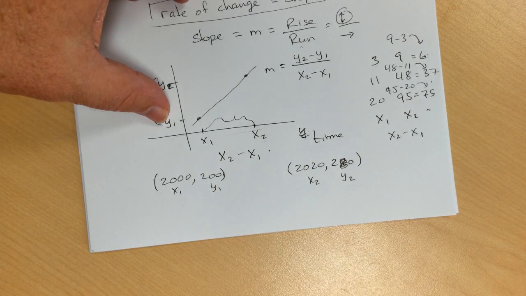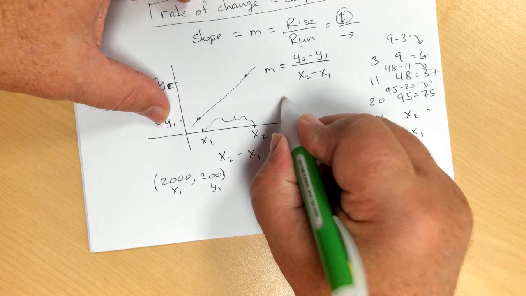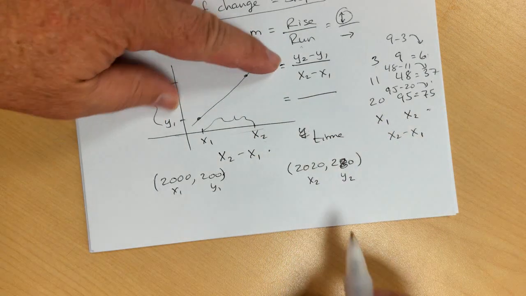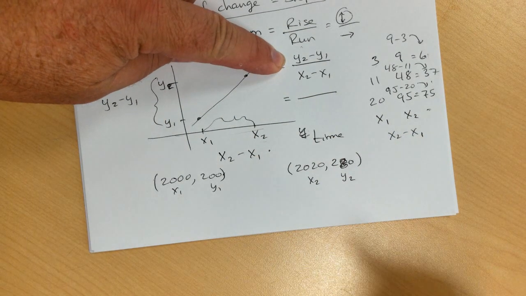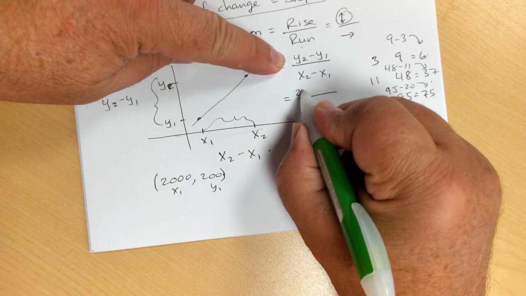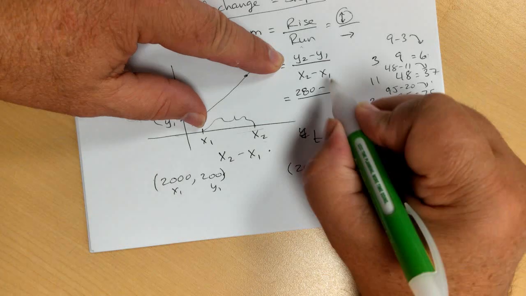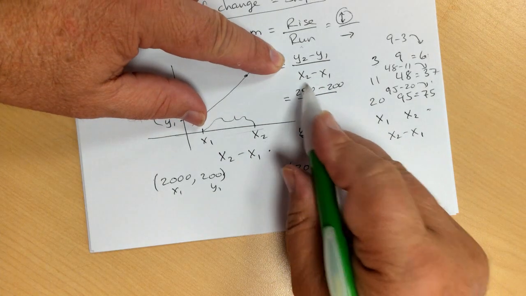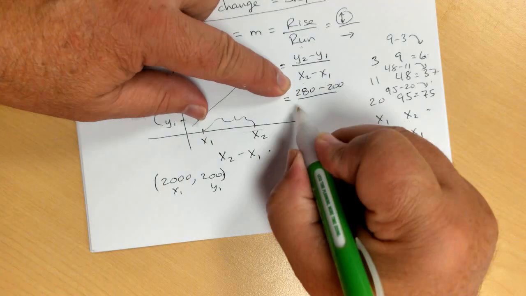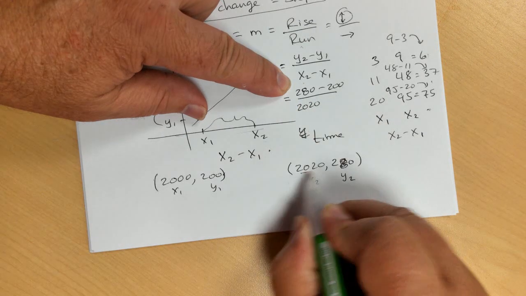So find the slope, find the rate of change. What is y2? 280. What is y1? 200. x2, 2020.